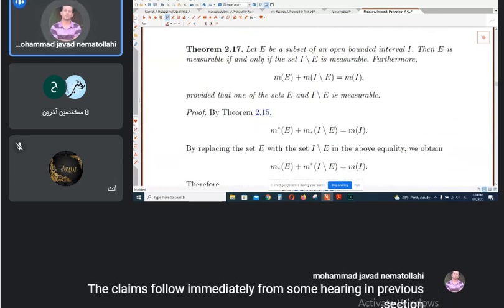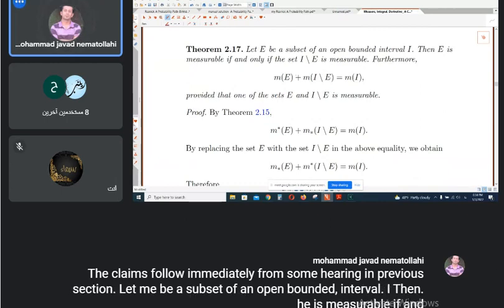Let E be a subset of an open bounded interval I. Then E is measurable if and only if the set I minus E is measurable.